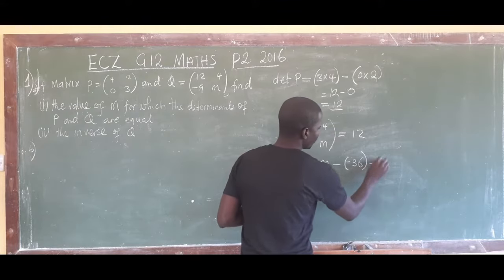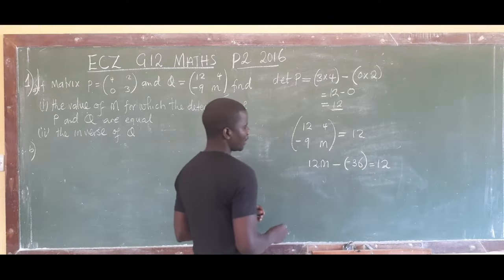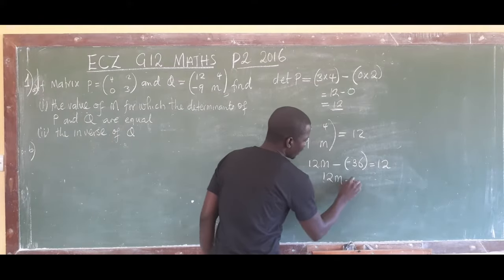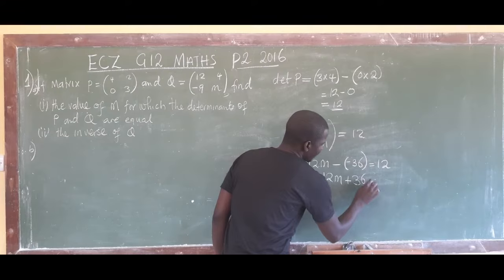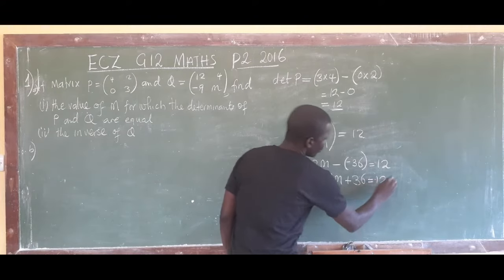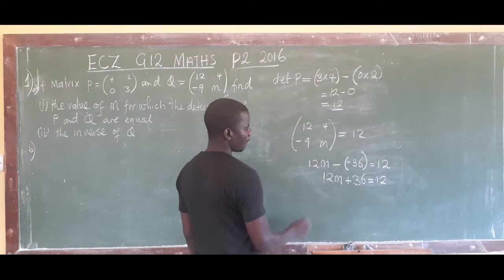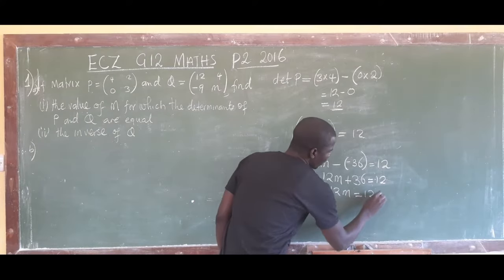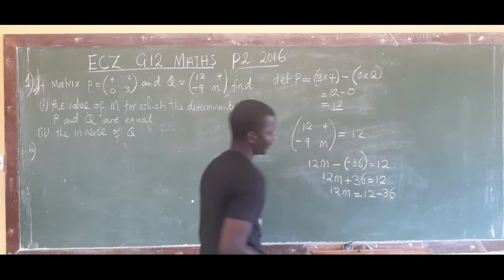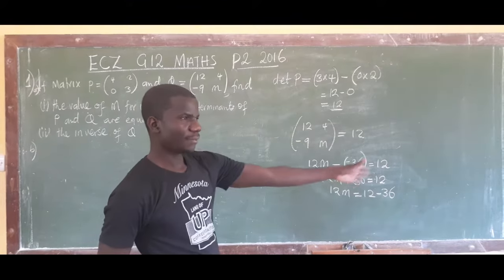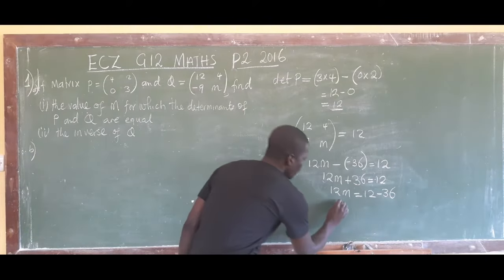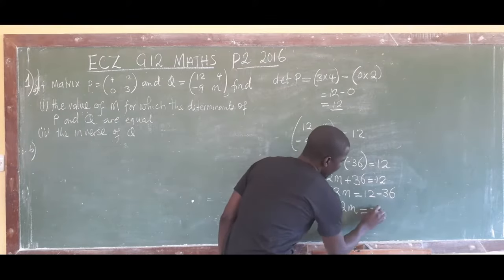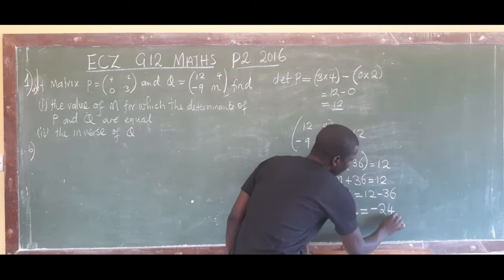This is equal to 12. So we can further break this down: 12M minus 36 is equal to 12. Then 12M is equal to 12 plus 36. So we have 12M is equal to 48.